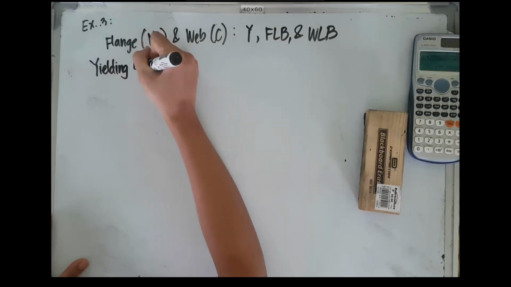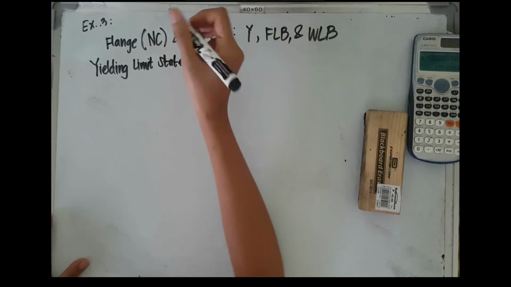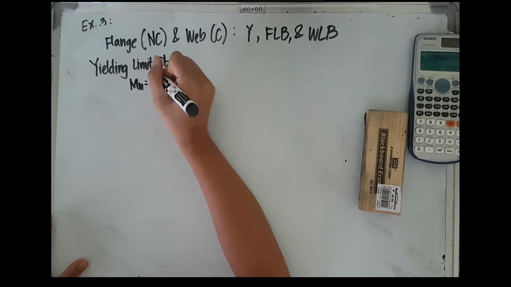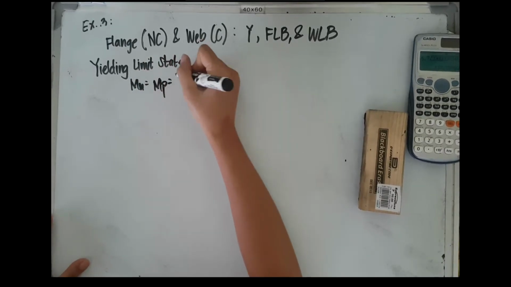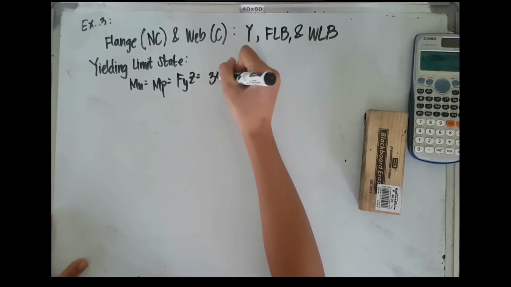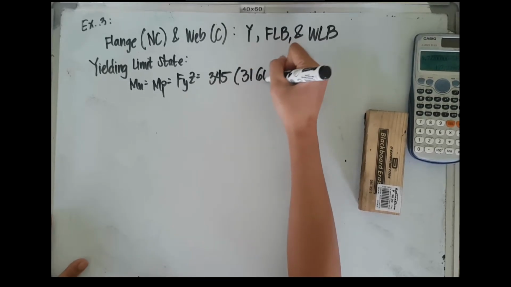For the yielding limit state, our nominal flexural strength would be equal to the yield stress multiplied by the plastic modulus. So our nominal flexural strength would be equal to the plastic moment Mp.